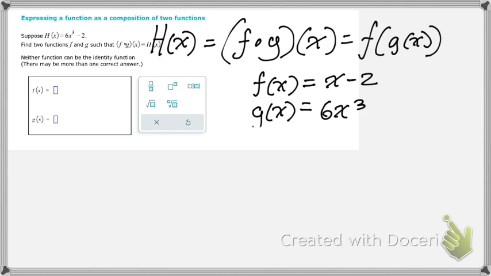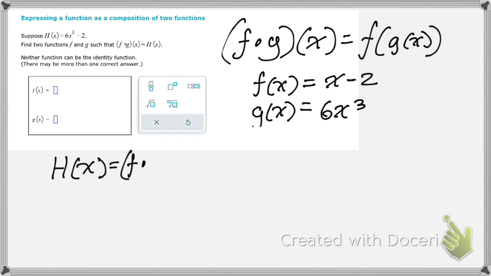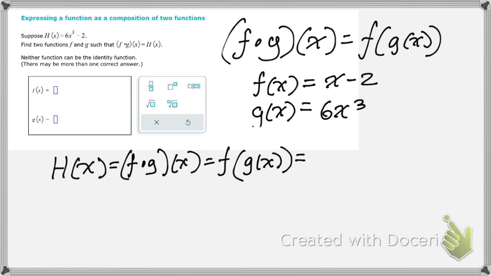let's check it. Supposedly h of x is equal to f composite g of x. That's what we have in that statement. h of x is equal to f composite g of x, and f of g of x is equal to f of 6x cubed, because g of x is 6x cubed.